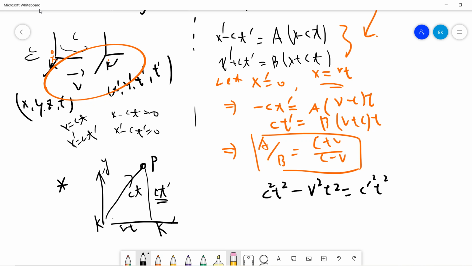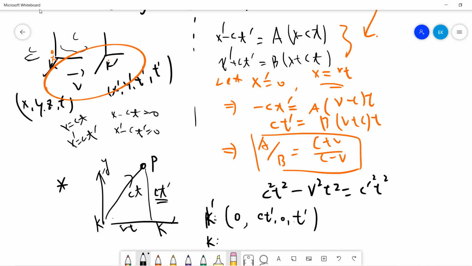What is this point P? Its coordinates in the K prime frame: x prime is 0, and the time is t prime.